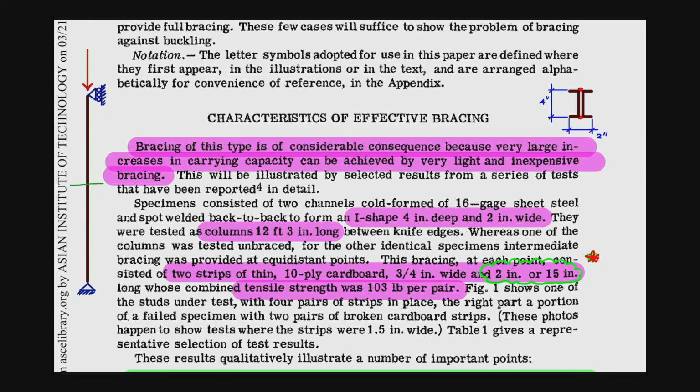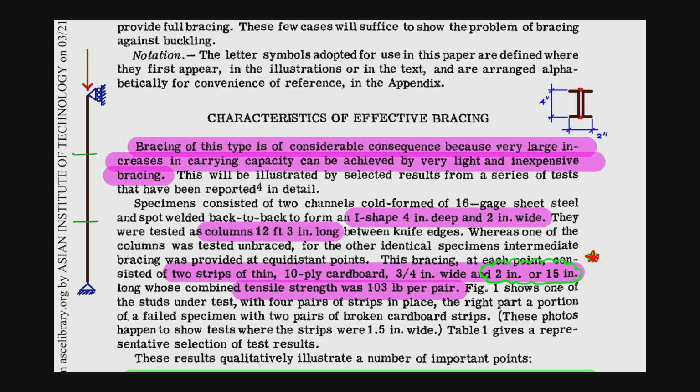So equidistance. For example, if they put one pair of brace, why do we call a pair? It's going to be the left and the right, so it is called one pair of brace. So if one pair is installed, it looks like this. If it is two pairs, then you're going to end up with this configuration.